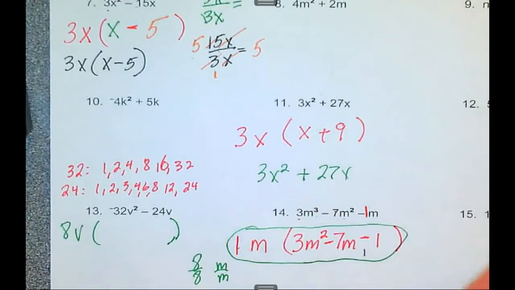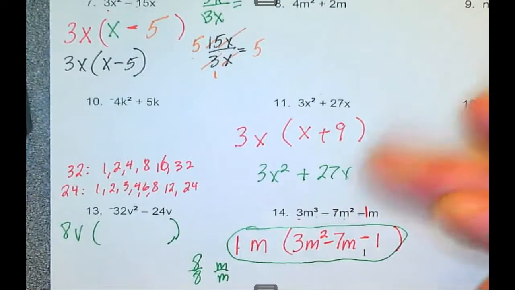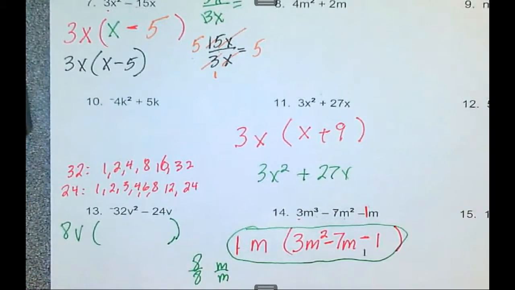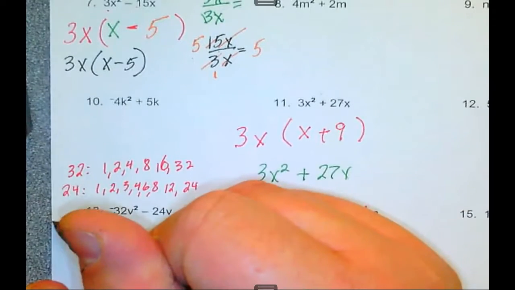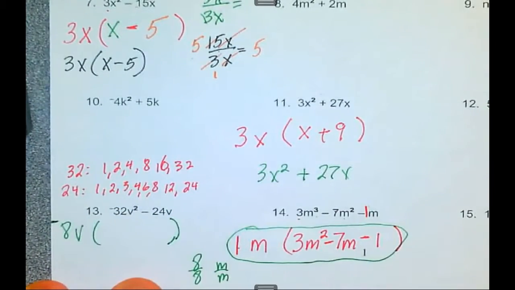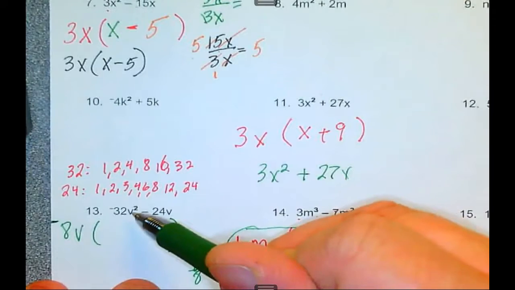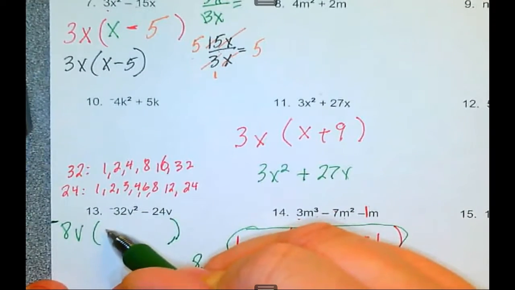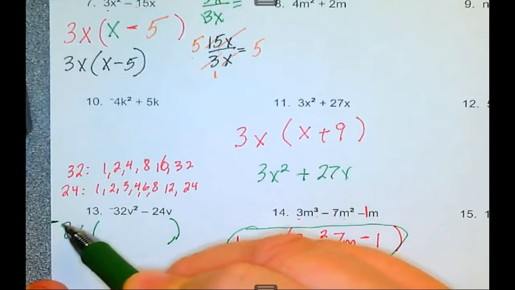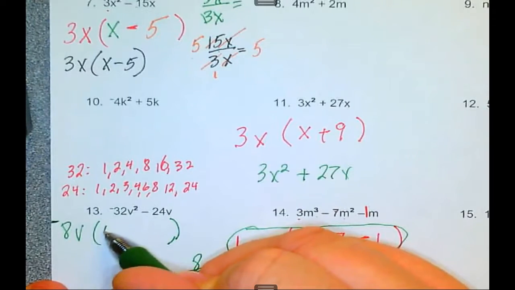At this point, I'm not going to worry about it. We will when we get into harder factoring problems. I could take the negative sign out, just so that my first term is positive. So negative 32 divided by negative 8 is positive 4.